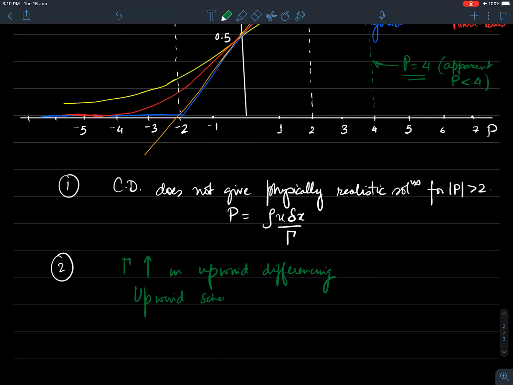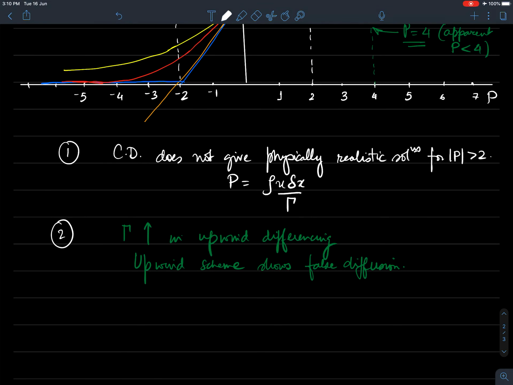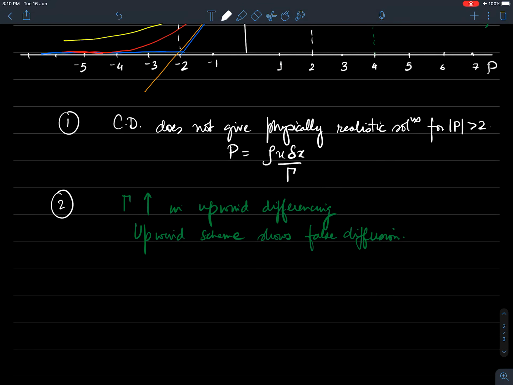which means that the upwind scheme shows false diffusion. This is one of the greater issues facing the upwind scheme. Now what it means is that when you do problem solving for high Reynolds numbers, even if you are still in this low Reynolds number regime but sufficiently high from Reynolds number 1, you may see behavior which may not be physically correct.